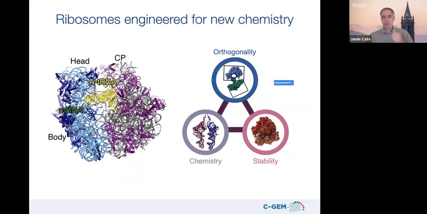My role in this is a mini lab collaboration, and we're interested in the ribosome, which I'm showing over here on the left. The ribosome is composed of what's called a small subunit in blue, and a large subunit that's kind of here in purple and gray. These come together with these molecules called transfer RNAs, or tRNAs, to polymerize the protein on the large subunit using the mRNA on the small subunit.